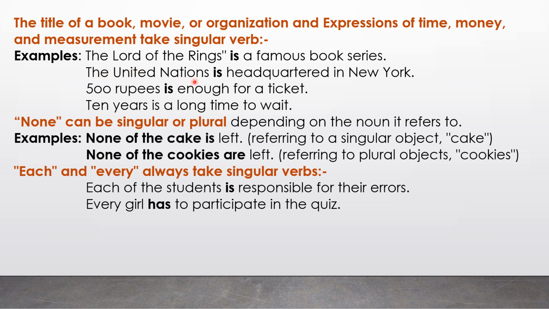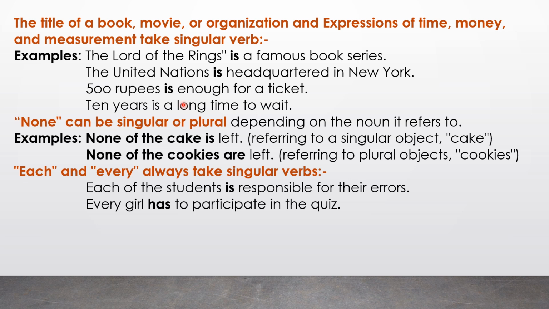Next, the United Nations is headquartered in New York. We are talking about the organization, so is. Next, expressions of money and time. 500 rupees is singular. 10 years is, don't go for years. 10 years, one unit, is a long time to wait.